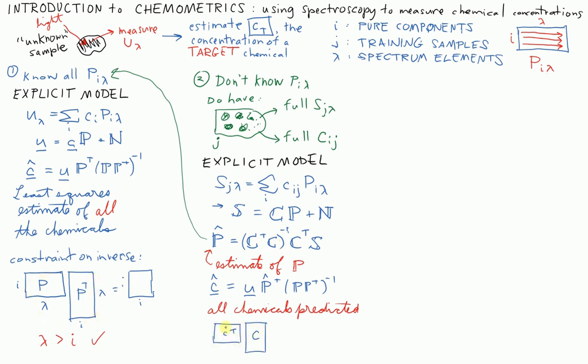And if we look at the indices of the C matrix, we can see that there are J samples and I concentrations of the pure chemicals. This will be I. This will be J. And this leads to the constraint that J has got to be greater than I.